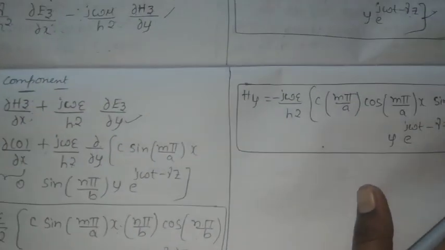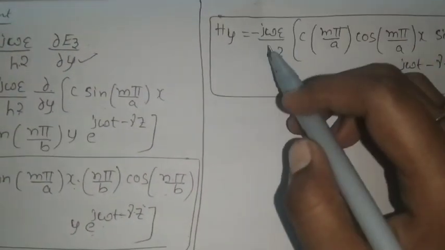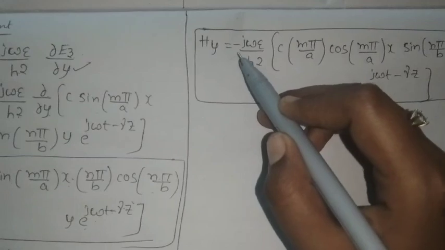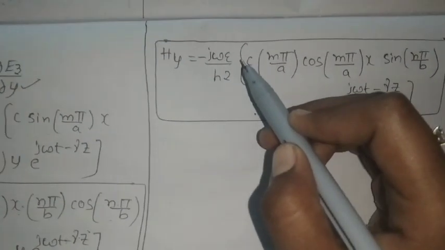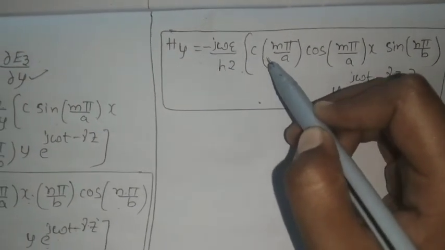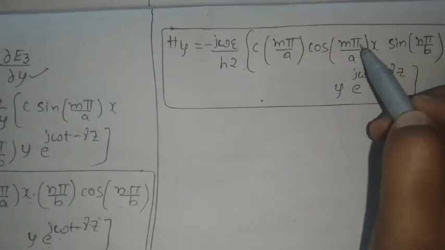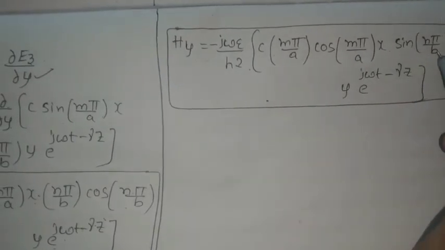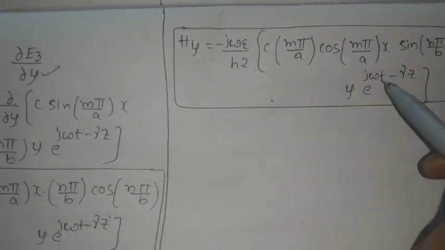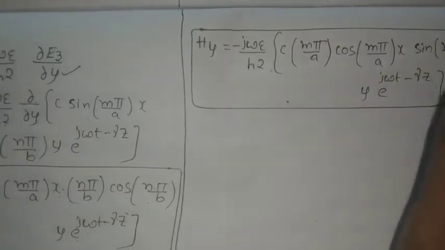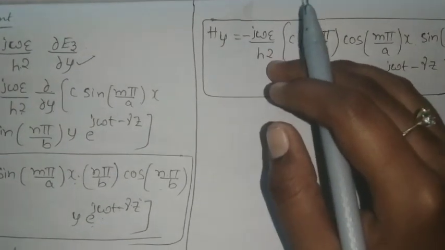So finally, the expression for Hy = -jωε/h² C (mπ/a) cos(mπx/a) sin(nπy/b) e^(jωt-γz). This is the final expression for Hy.